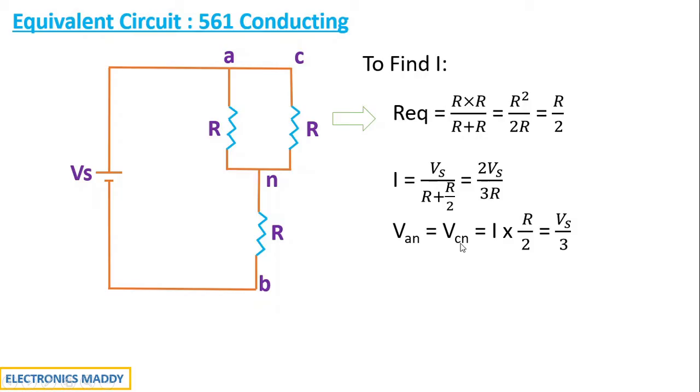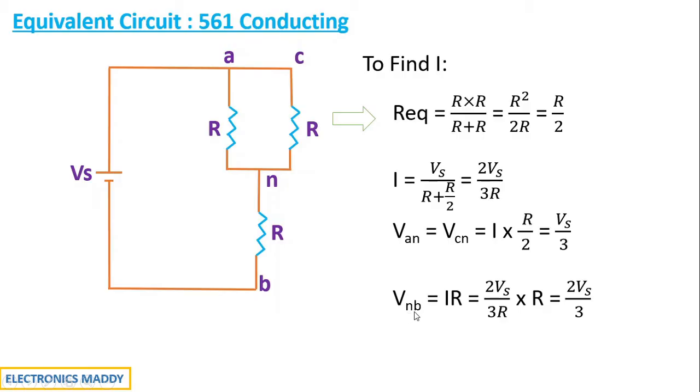So now you know VAN and VCN. So you're getting it as Vs by 3. Whereas VNB, that is this voltage, is given by I into R, that is I found out was 2 Vs by 3R, and R is substituted as it is. R R gets cancelled out and you will be remaining with 2 Vs by 3.